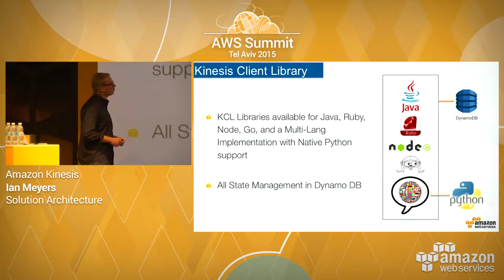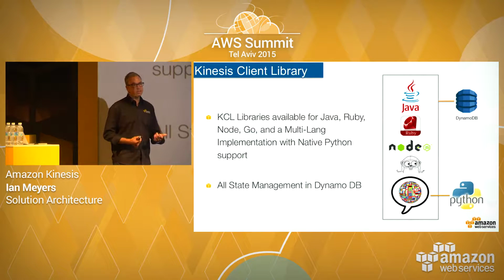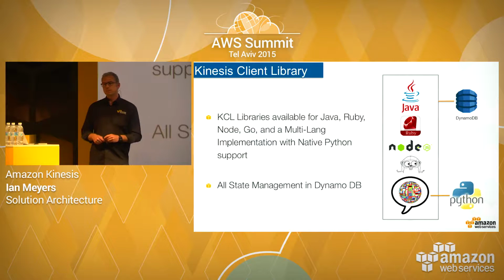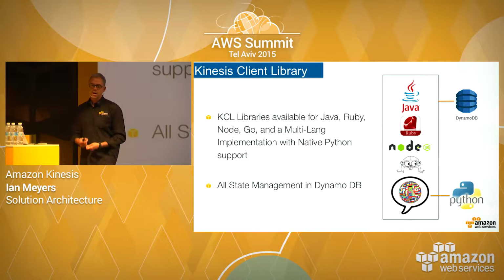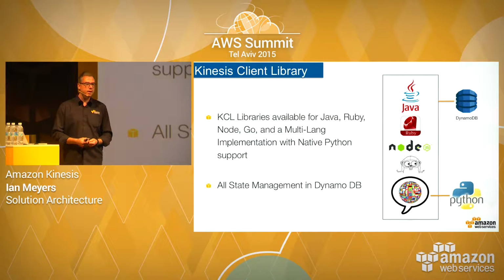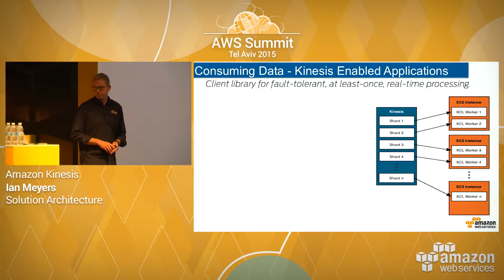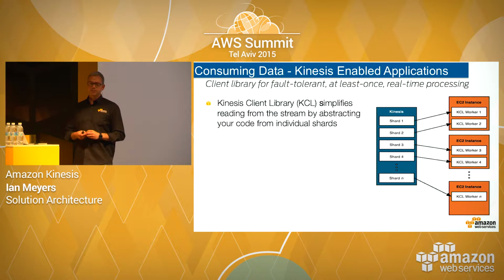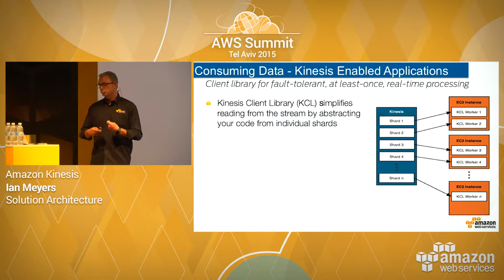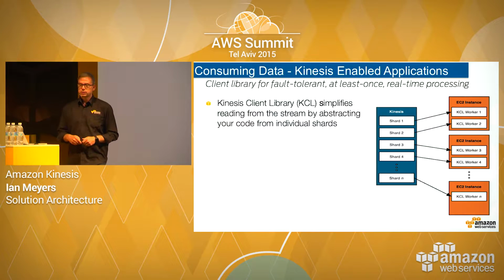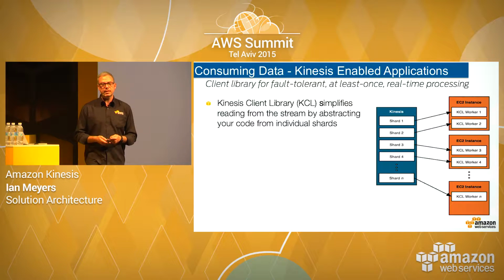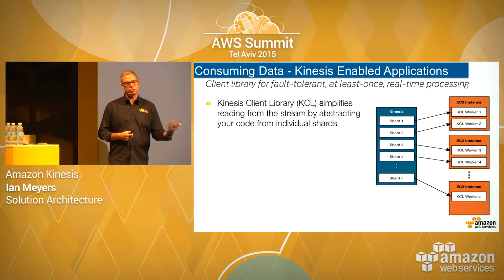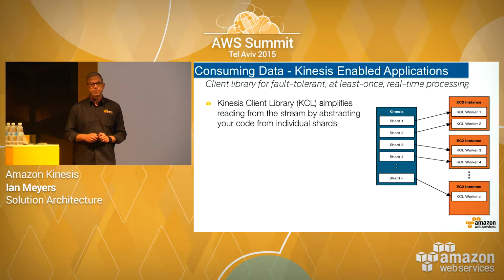And the KCL gives us some really important capabilities to consume the data in that it does automatic state management and tracking of where our application has gotten to in the stream. What you'll get is a very simplified model for working with streaming data in that you build your application in such a way that you're completely abstracted from thinking about the distributed nature of Kinesis.